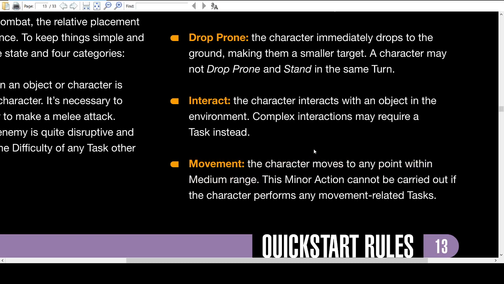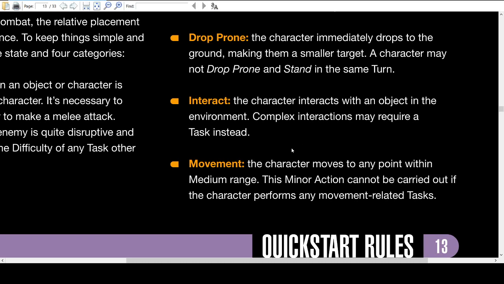Now, it says here that the character moves to any point within medium range. So that means a character can move from close to medium within a turn. So I guess that's the limit. And given that you cannot choose another minor action again in the same turn, that's probably the furthest that the character can go within a turn.